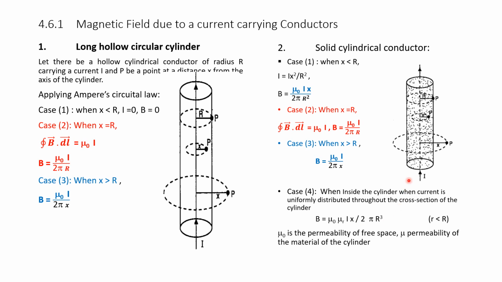Here we take into account the permeability of the material of the medium. Mu naught is the permeability of free space and mu R is the relative permeability of the material of the cylinder. Hence, in case number 4, B is equal to mu naught mu R I x divided by 2 pi R cube. This is the equation.